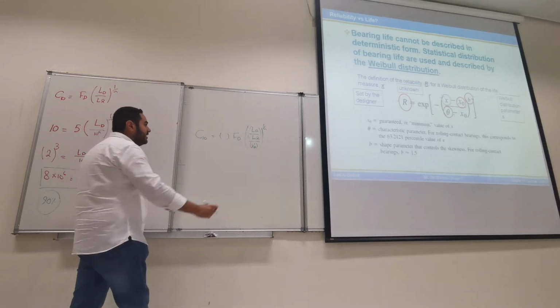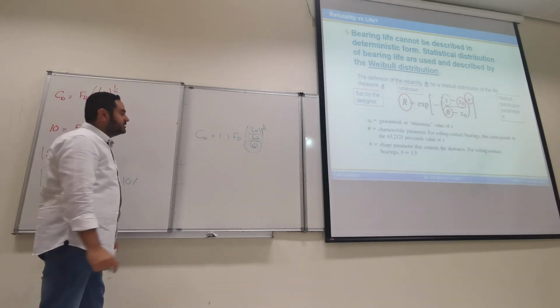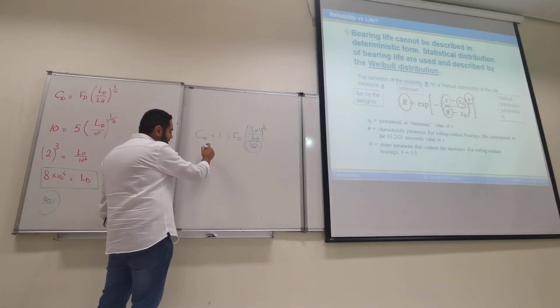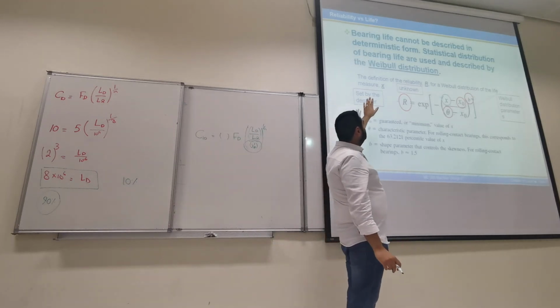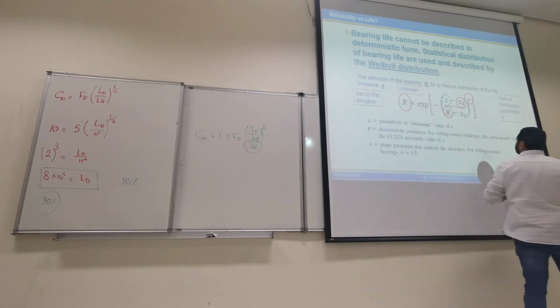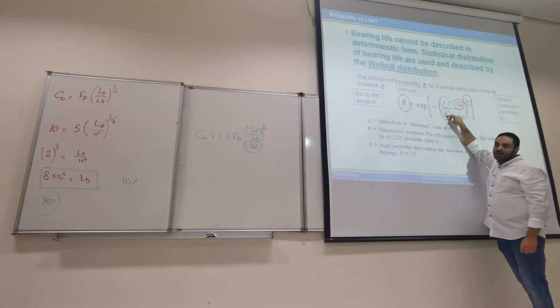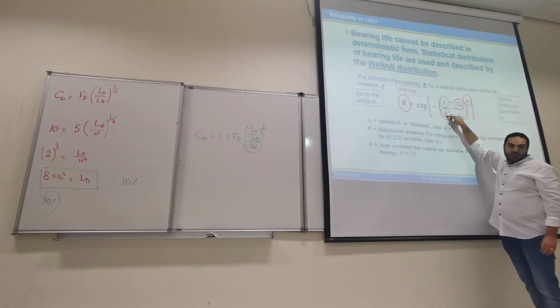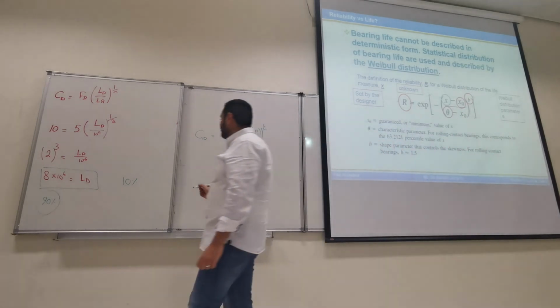Because bearings are all based on statistical analysis, they found that the most suitable distribution for bearings is called the Weibull distribution. A Weibull distribution has some parameters, x naught, theta, and b, and those are based on the type of bearing. You will be using those parameters to calculate the correction factor.